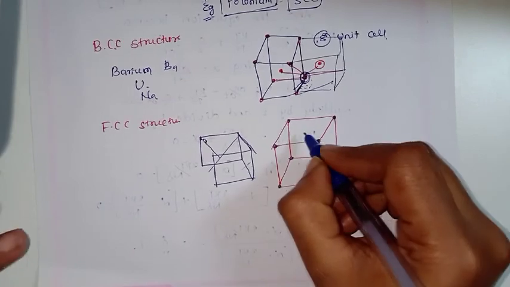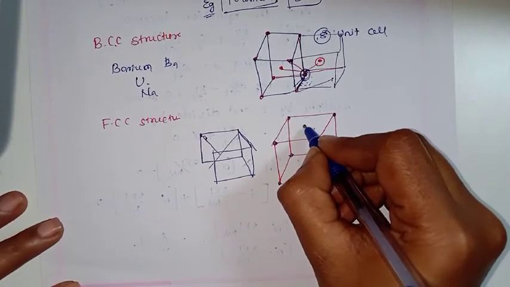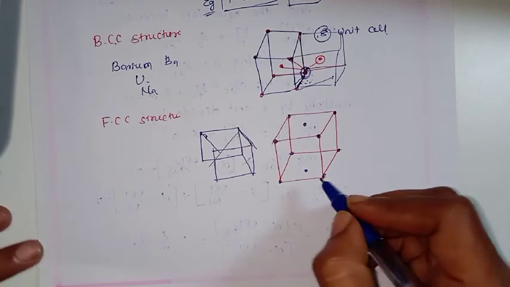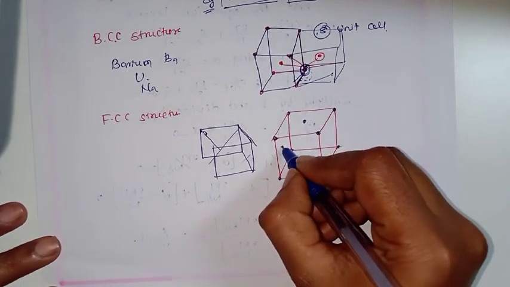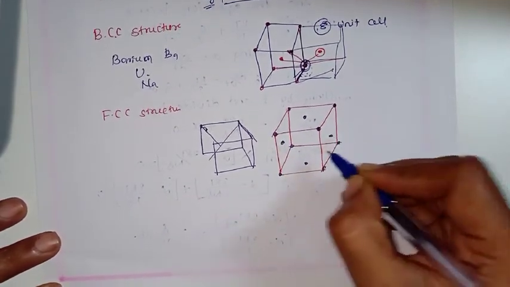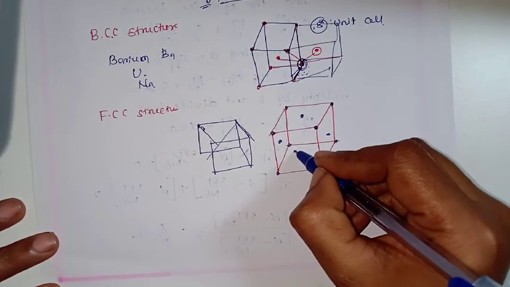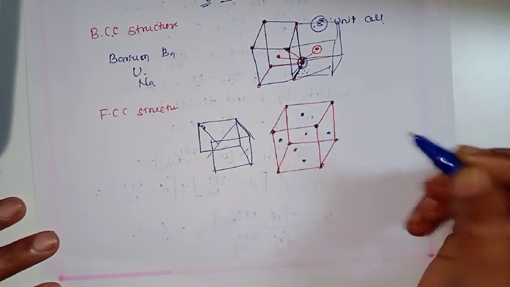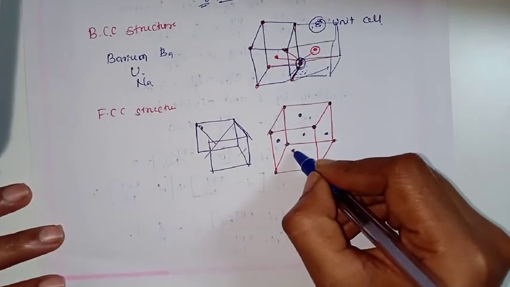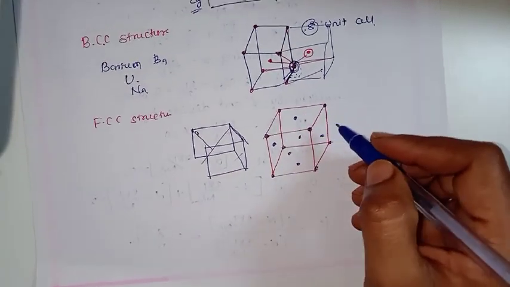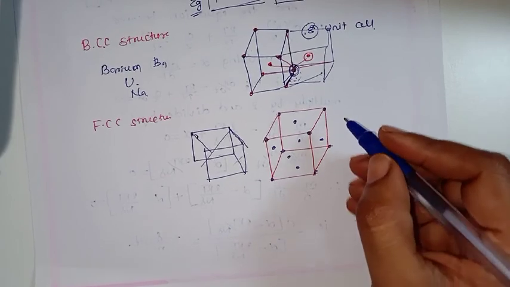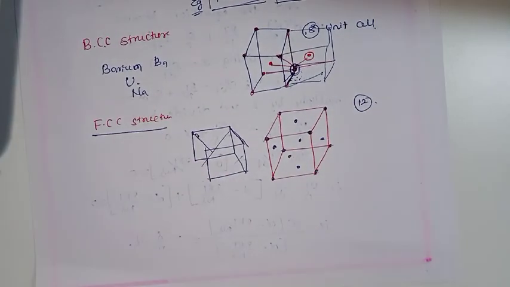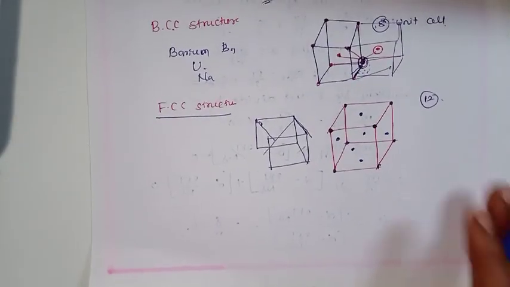8 atoms at the corner. One is upper side, then the second one is down, at the left hand side, right side, above, below, up, down. 8 plus 6, there are 14 atoms in the face centered cubic structure.